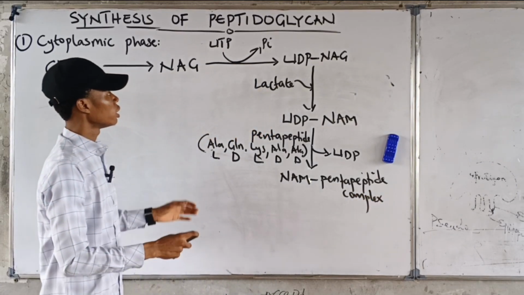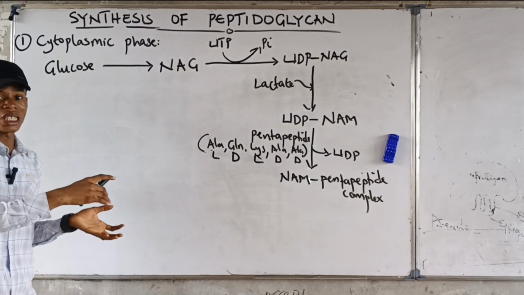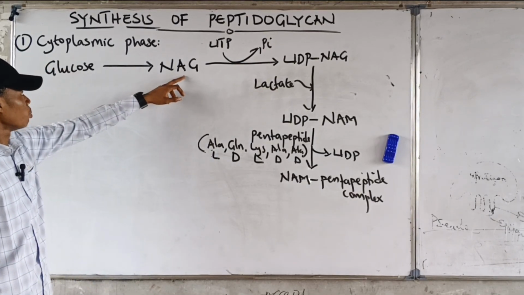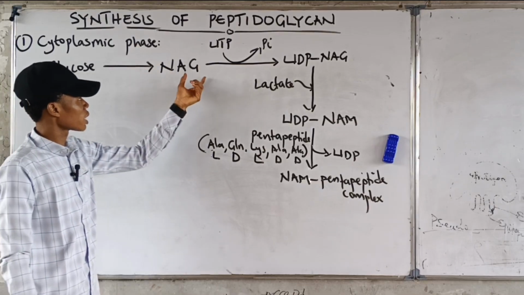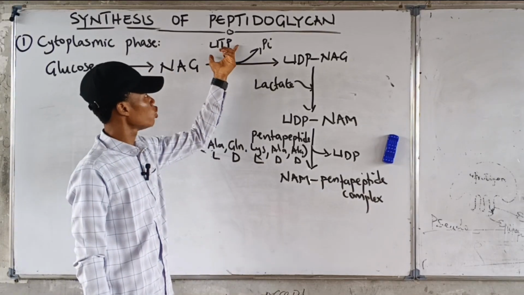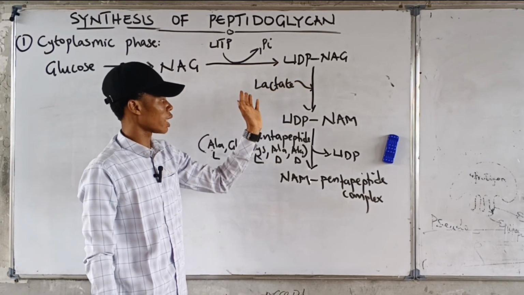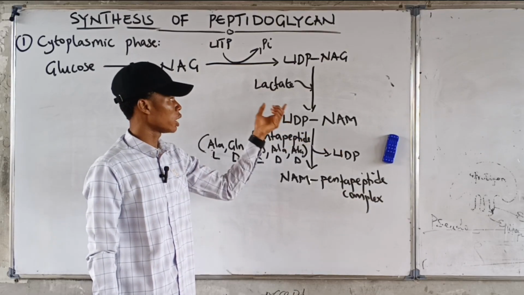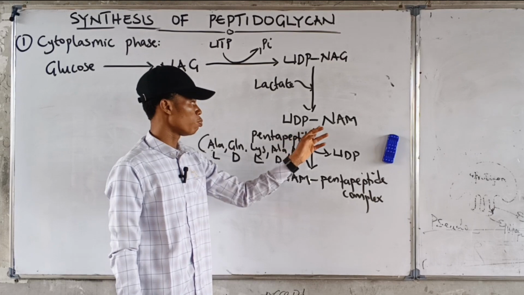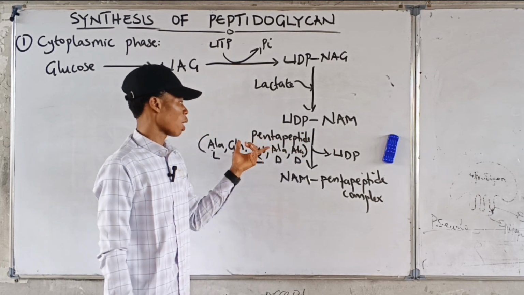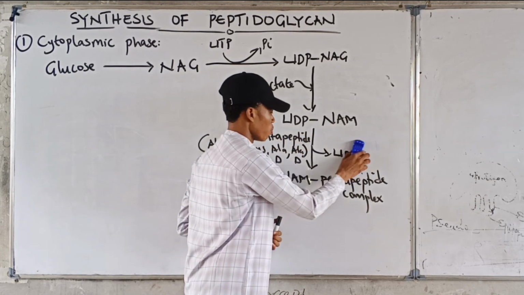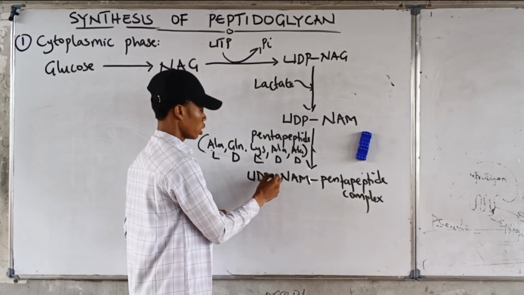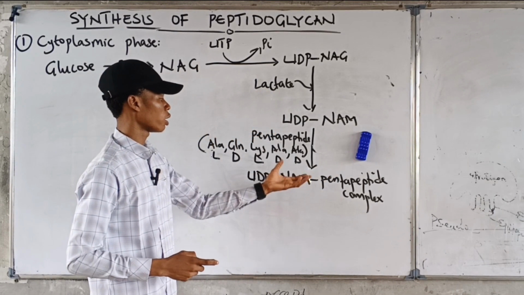So basically, this is the first step, and it is taking place in the cytoplasm. Glucose to N-acetylglucosamine. Then from N-acetylglucosamine, we activate it by adding UTP, so we'll have UDP N-acetylglucosamine. From there, we can get our N-acetylmuramic acid, meaning lactate can attach, and we'll get UDP N-acetylmuramic acid. The pentapeptide will be attached. We can still leave this UDP here if we want, so we can still have the UDP N-acetylmuramic acid pentapeptide complex.